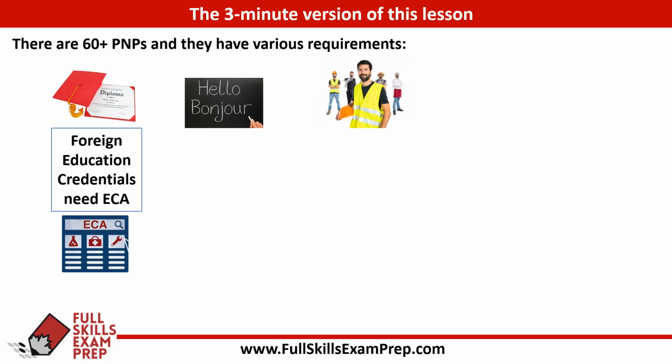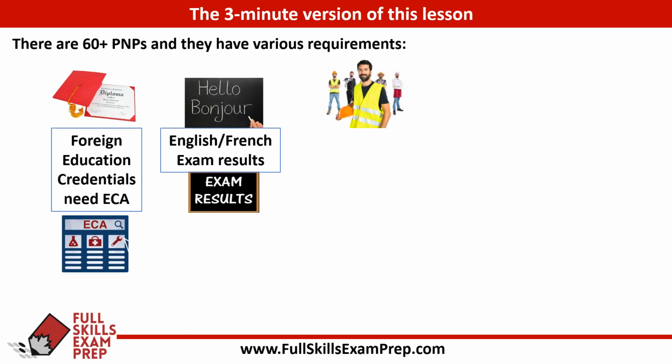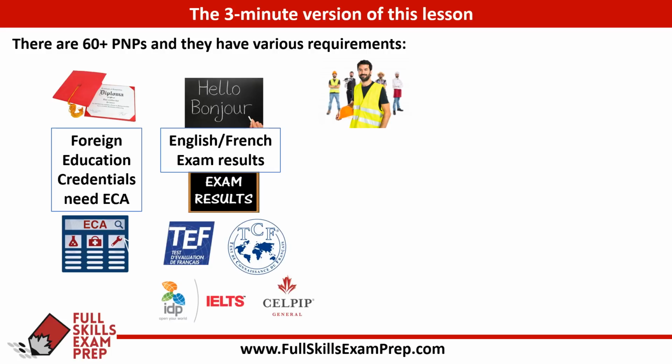Most of the people, of course, are from overseas and studied in another country, so they would need an ECA. All right, people need not only to be able to function in a language, but they need to be able to prove this through language exam results. So we've talked about the various language exams quite a bit in other lessons.